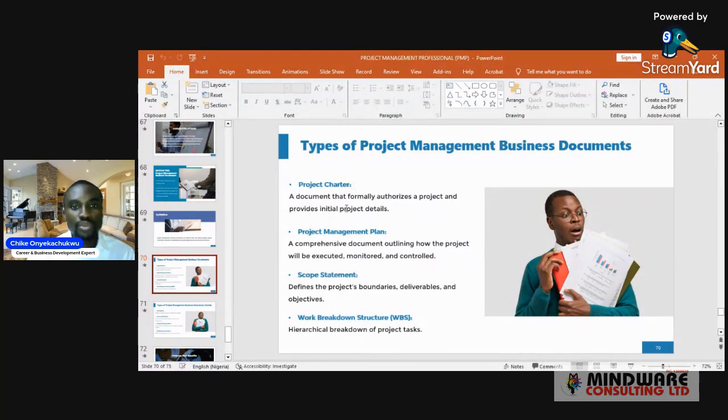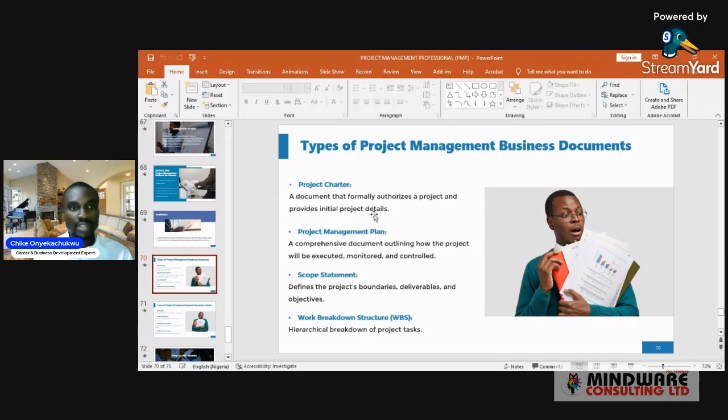Number one, project charter. This is a document that formally authorizes a project and outlines initial project details. Okay, very, very important. So the project charter encompasses everything about the project. Look at it more like a business plan for the project.